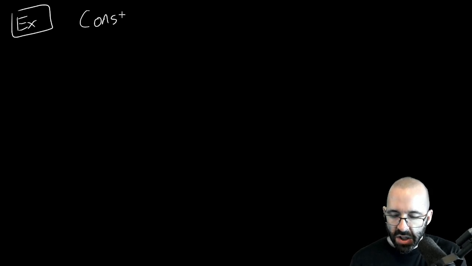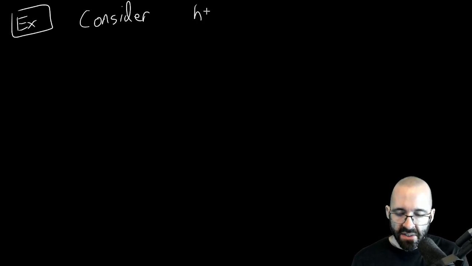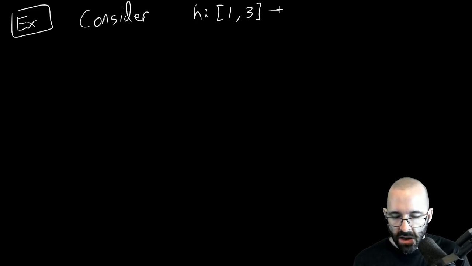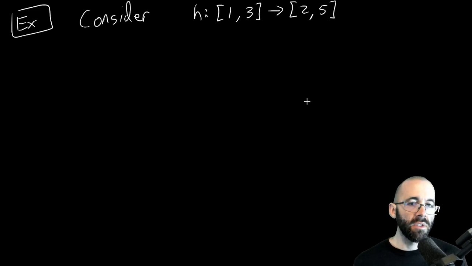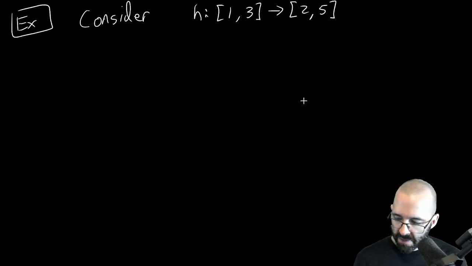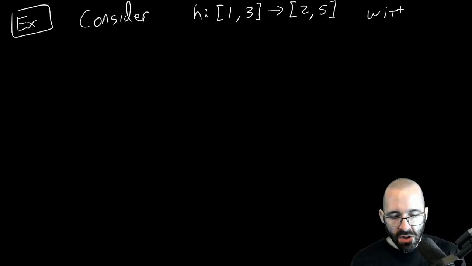So let's consider a function h, and this h has a domain from 1 to 3 and a codomain from 2 to 5. This is interval notation, inclusive. And I'm just going to show you the graph of h to make things a little easier on ourselves.